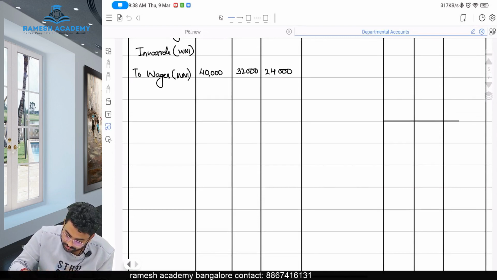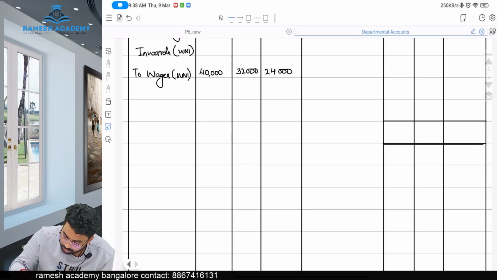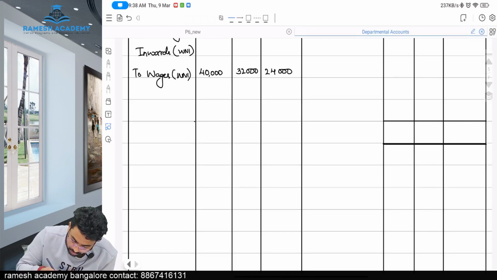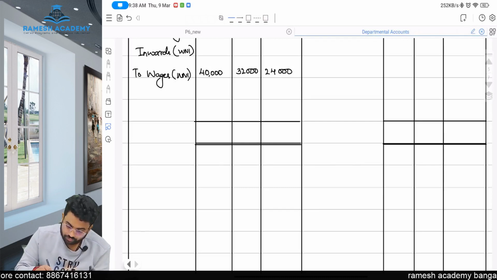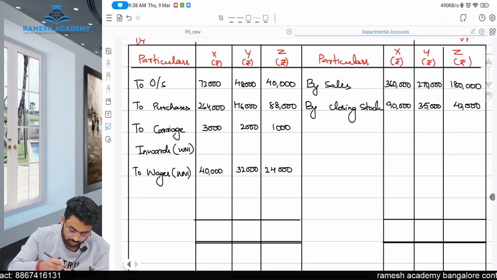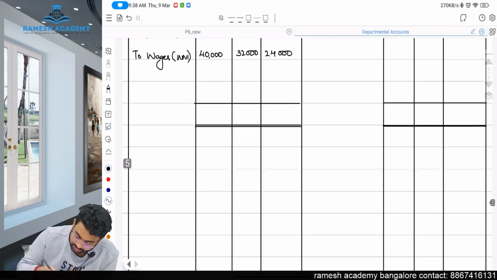There is no hard and fast rule that if one department shows a gross profit, the others should also show one. One department might show profit and another might show loss. So department-wise we have to compute. 3,60,000 plus 90,000 comes to 4,50,000.